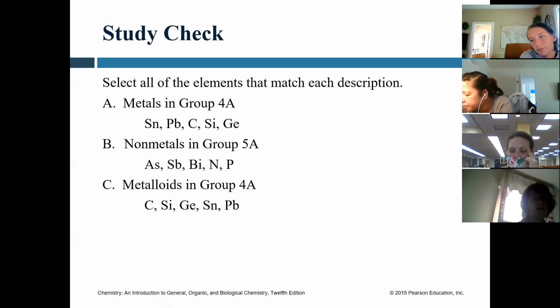Non-metals in group 5A. So 5A is the nitrogen group. Non-metals there are going to be nitrogen and phosphorus. As is a metalloid. And then the other ones are metals. And then C, what are the metalloids in 4A? So 4A is again the carbon group. That's going to be Si and Ge.